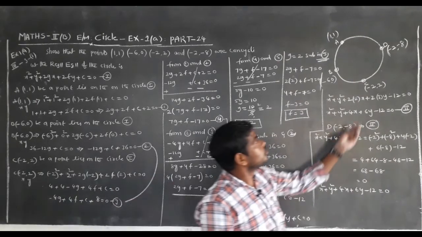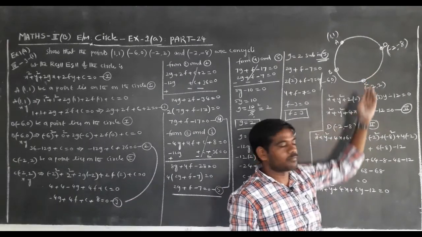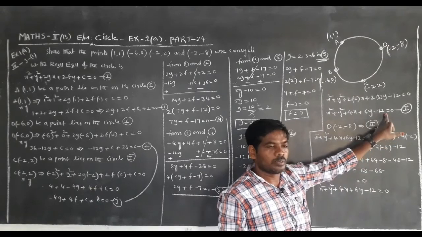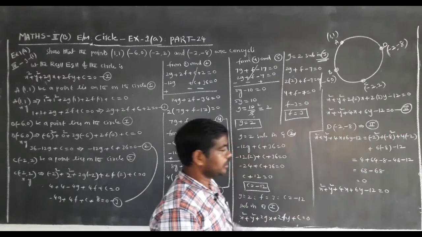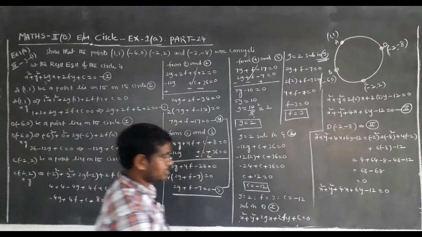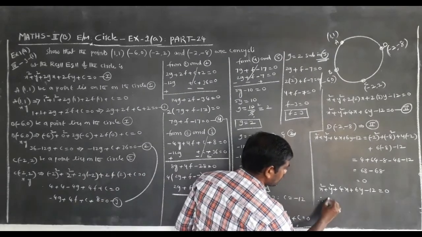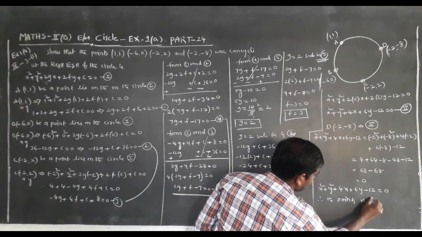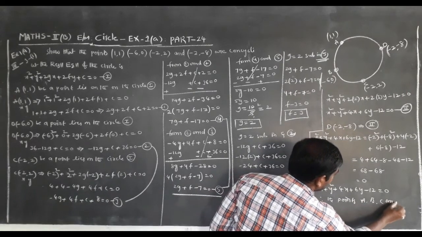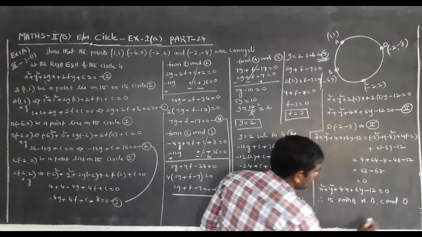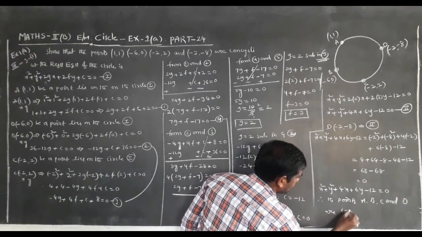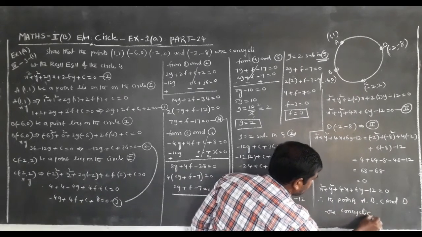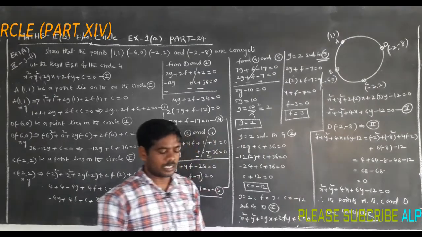Therefore, D satisfies the equation number Roman number 2. So here the given points are concyclic. Therefore, the points A, B, C and D are concyclic.